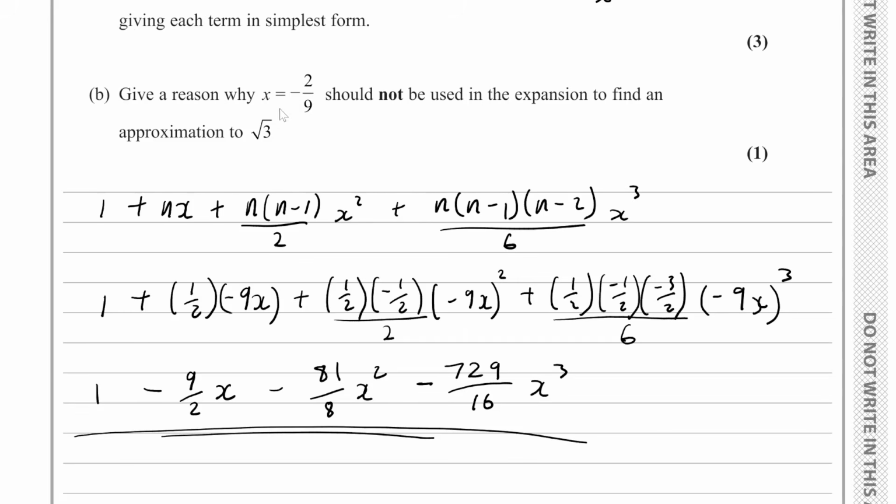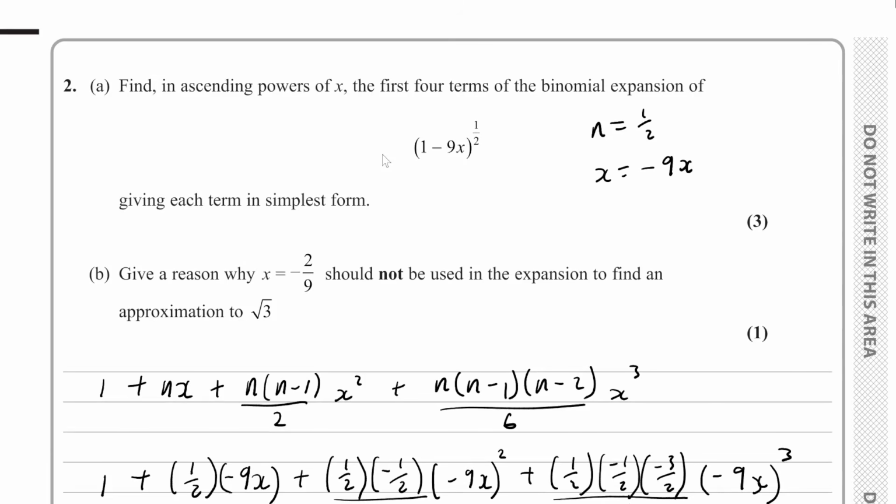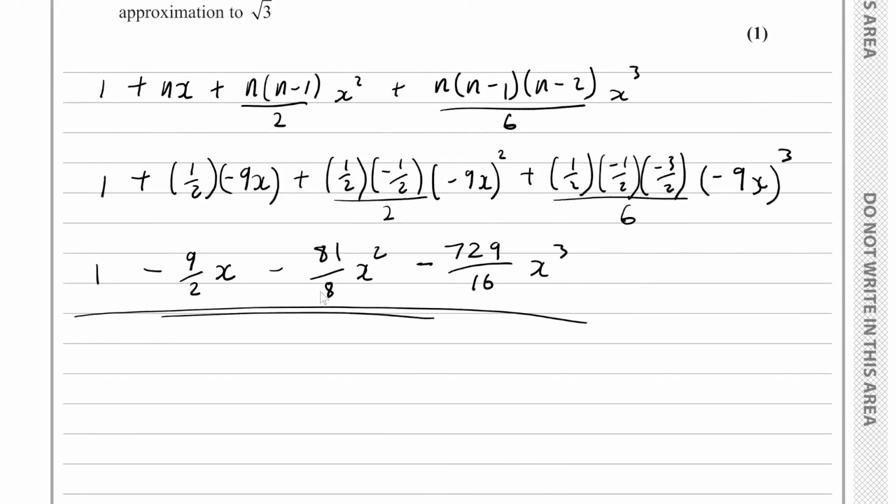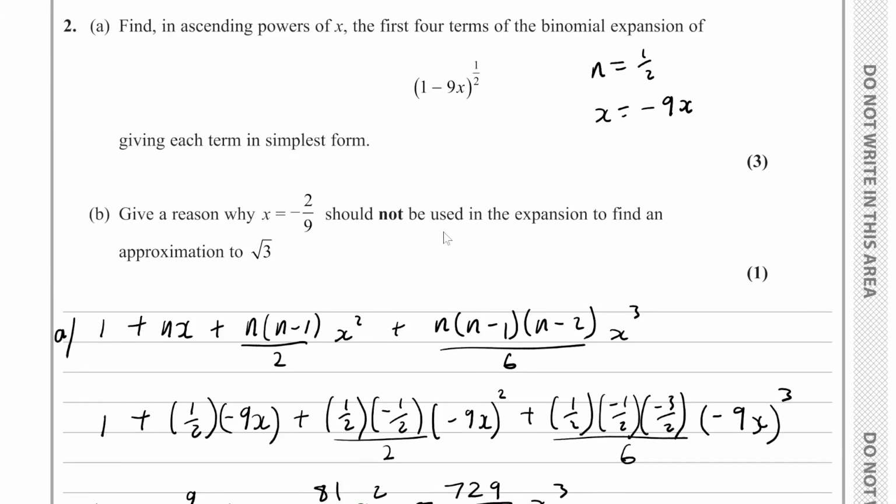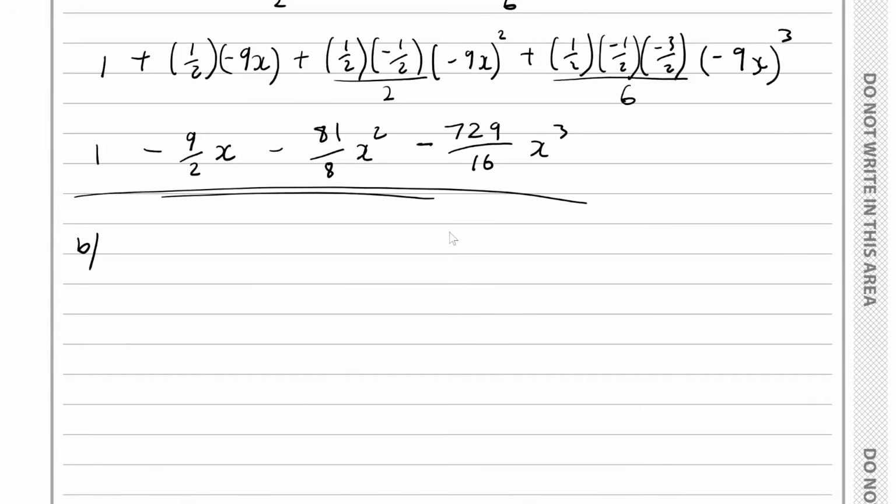Give a reason why x equals negative 2/9 should not be used in the expansion to find an approximation for root 3. So why can't we use negative 2/9? So the reason is our expansion is (1 minus 9x) to the power of a half.